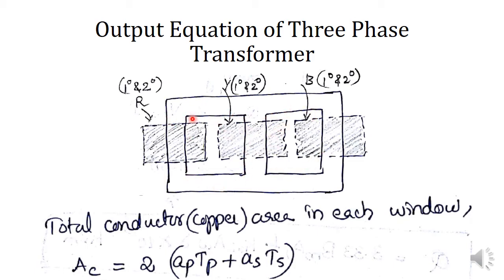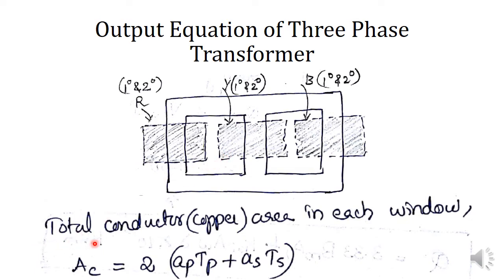So in a single window we have primary and secondary winding of R phase and primary and secondary winding of Y phase in the first window. So there are two primary windings and two secondary windings.